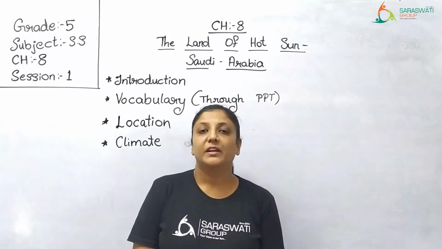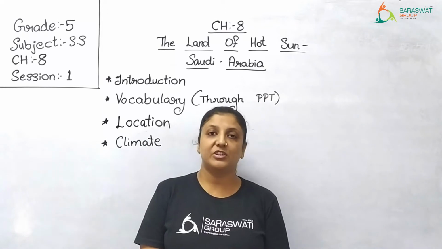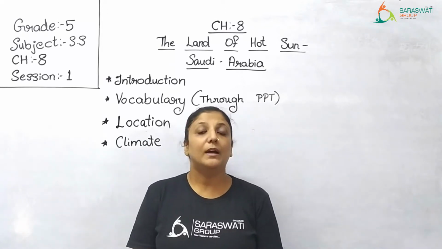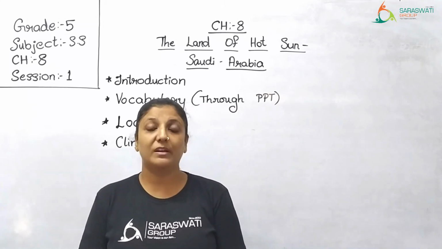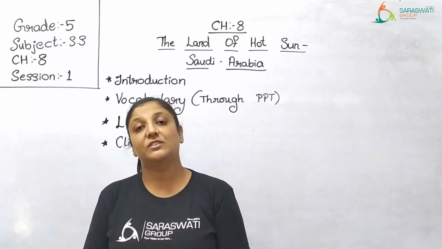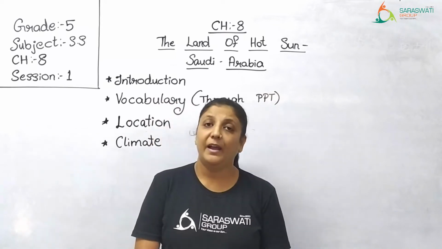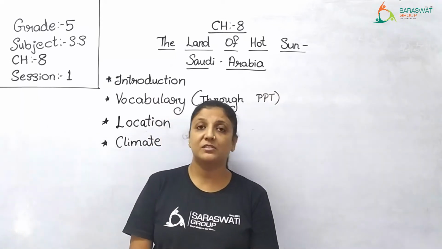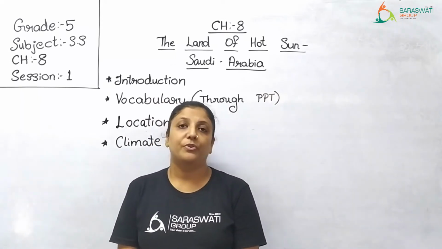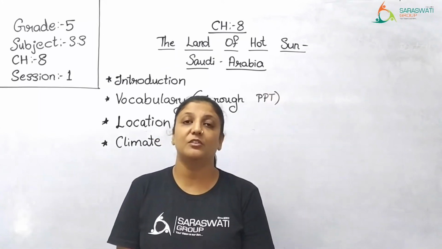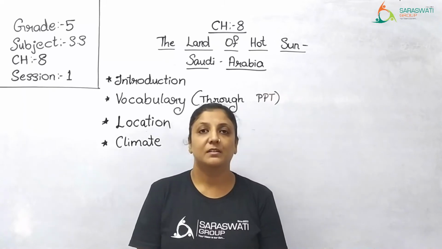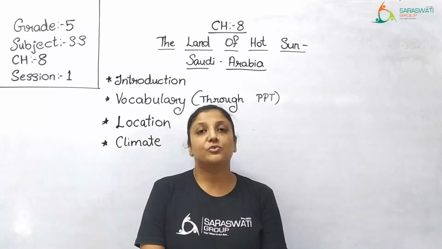So kids, in our earlier chapter, chapter number 7, we learned about the land of ice and snow, Greenland, which was extremely cold. And this chapter, the chapter of Saudi Arabia, is connected with the land of hot sun, right? It is quite opposite.